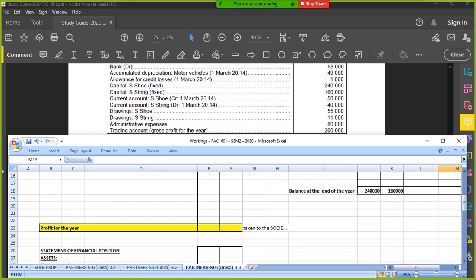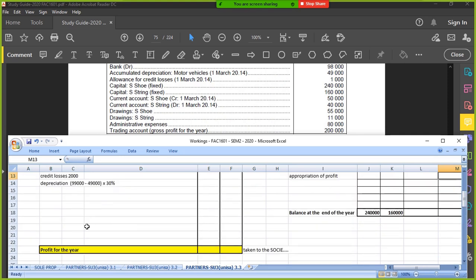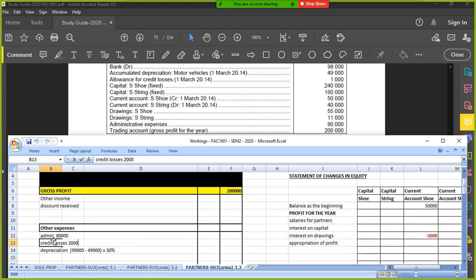So I would debit credit losses because our expense would increase. Good. How much are you going to debit it by? Plus 3,000. Good. How did you get 3? The 4 minus 1. Yes.